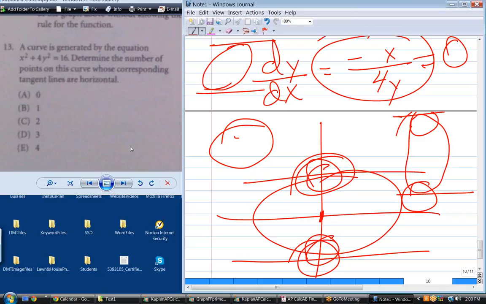But the way to figure that out is to implicitly differentiate that and solve for dy dx, set dy dx equal to 0, and figure out where those horizontal tangent lines occur. Not that this needed you to do that, but like I said, we're not preparing you for the AP exam, we're preparing you for Calc BC.